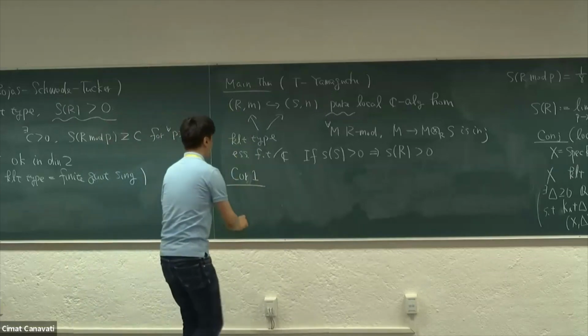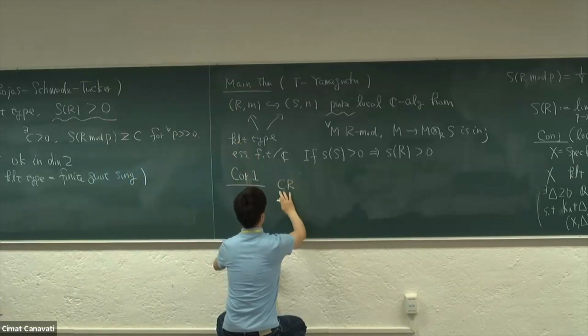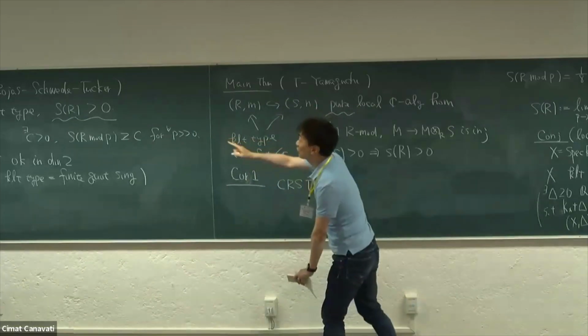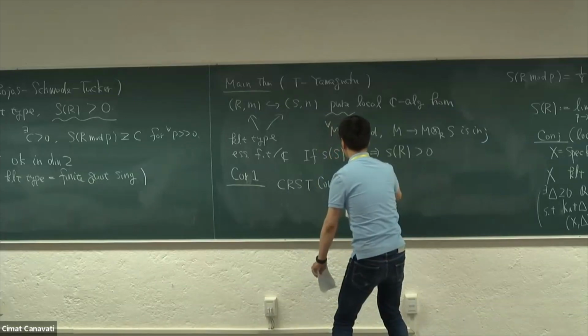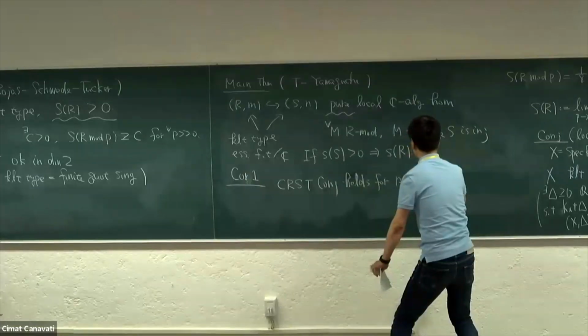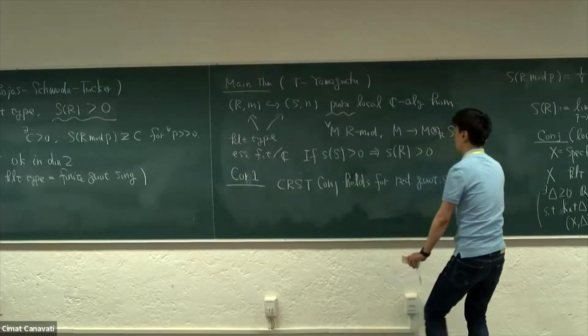First corollary is the conjecture for reductive quotient singularities.